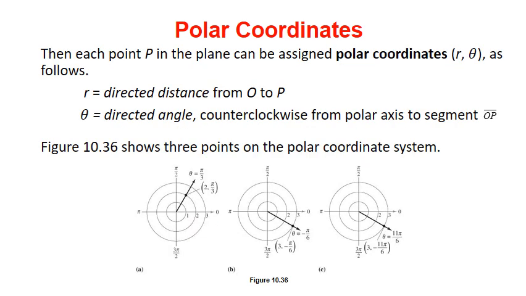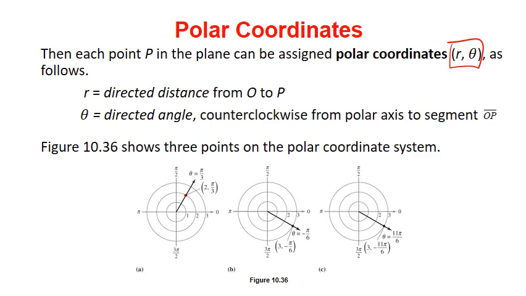When we are coming up with these polar coordinates, r, theta, again, r is the directed distance from the origin, or the pole, to the specific point. There are some different examples I'd like to show you down here. Here, we typically have these concentric circles.